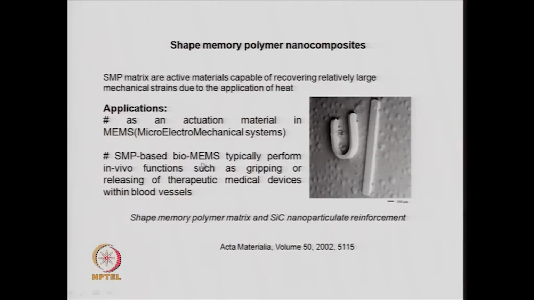And so, these kinds of devices are used for in vivo functions, that is inside a living system, a living cell, and are called BioMEMS, because you are doing an application in biology or in life sciences. Shape memory polymer nanocomposite based BioMEMS have been used in vivo, for example for gripping or releasing of medical devices within blood vessels.